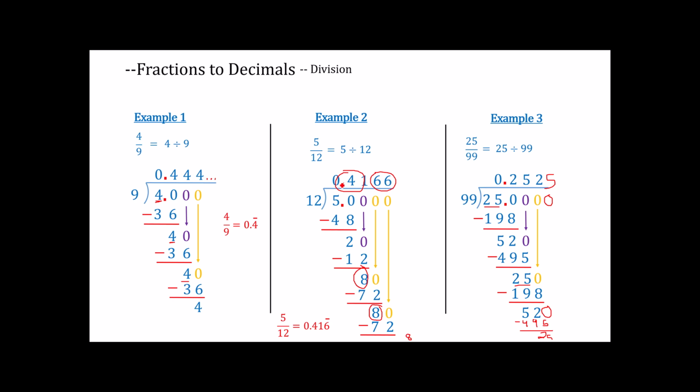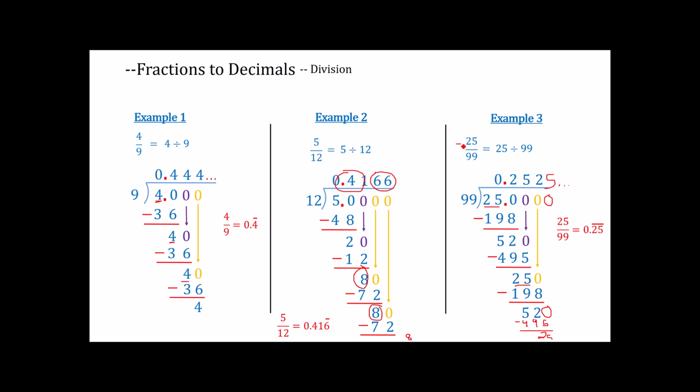It's not a non-repeating followed by a repeat, but instead you've got two numbers that keep repeating forever. 25, 25, 25, 25. And so I would write this as 25/99 is 0.25 with both the 2 and the 5 repeating forever. See how that works?